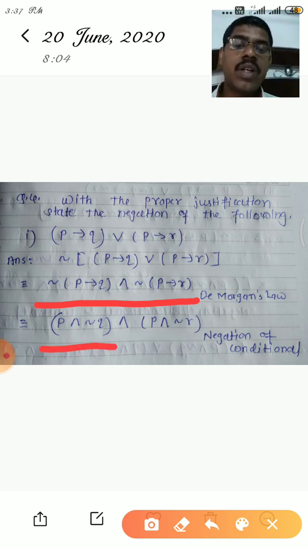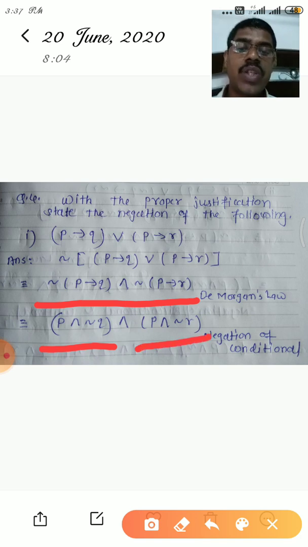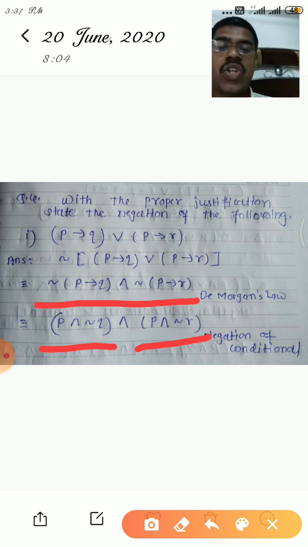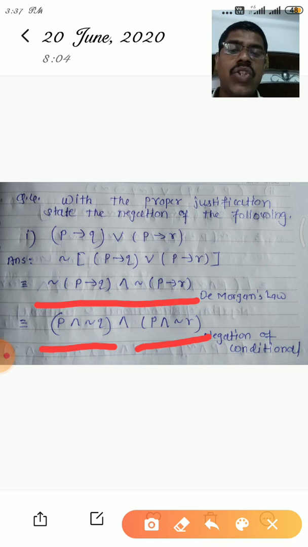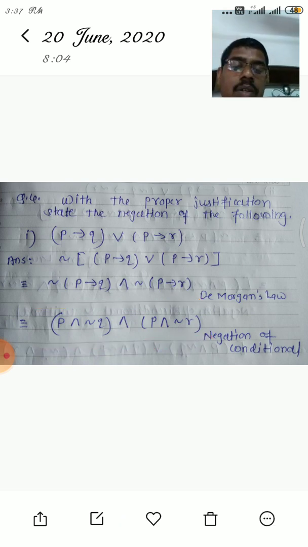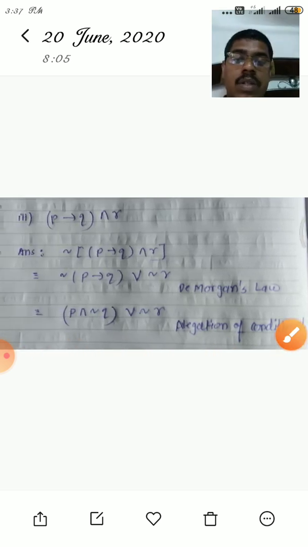Then negation of P conditional R is P and negation R. That means the negation of (P conditional Q or P conditional R) is (P and negation Q) and (P and negation R). That is the last step, where you apply negation of conditional.